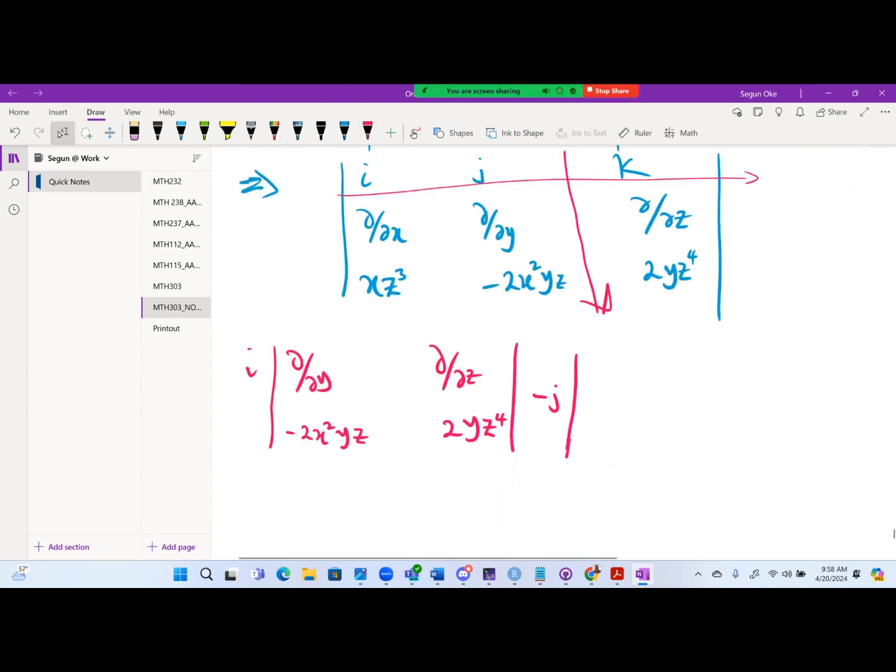So it's going to be d/dx, xz cubed, and the remaining one will be d/dz, 2yz^4.